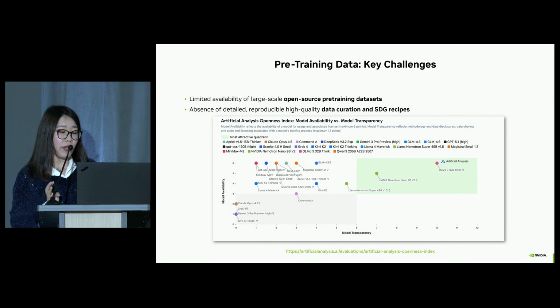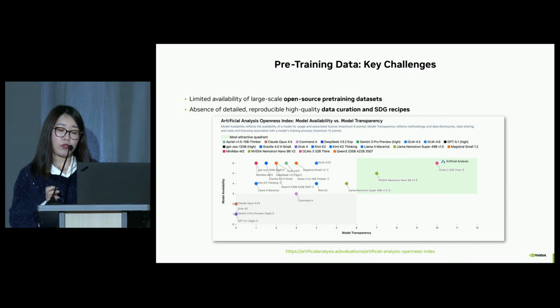This figure is the AA openness index, which Brian just mentioned. They released this index this morning, and this is a breakdown of it. The x-axis measures the model's transparency, and the y-axis measures the model's availability. As you can see, in the top right green part there are two models with high transparency: one is OLMo 3, and the other is Nemotron Nano V2.